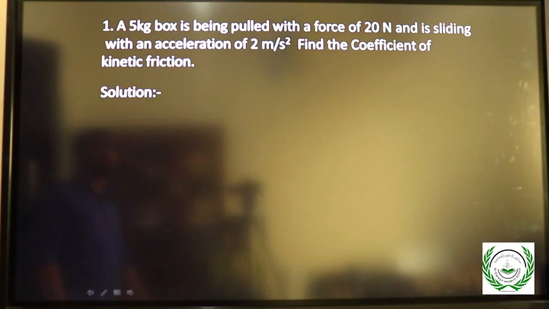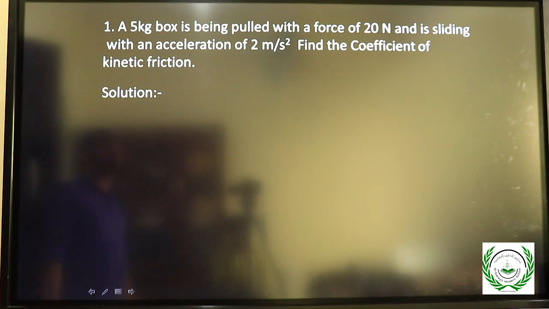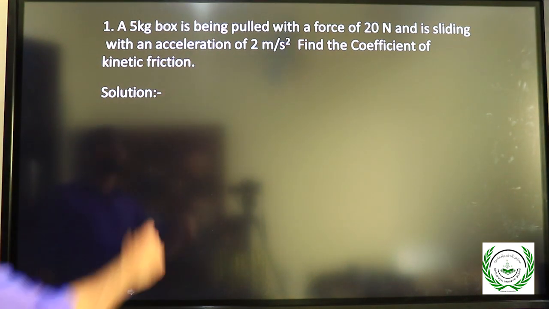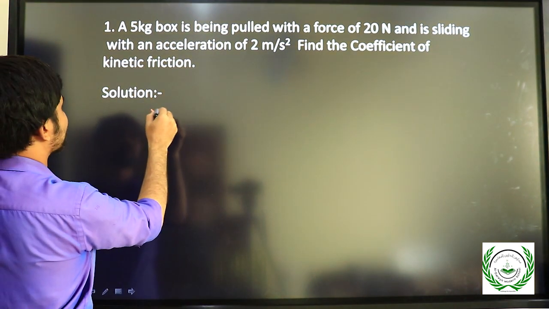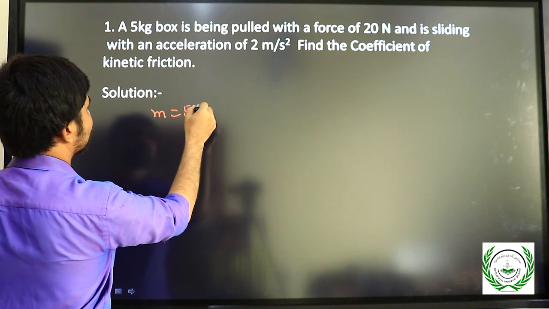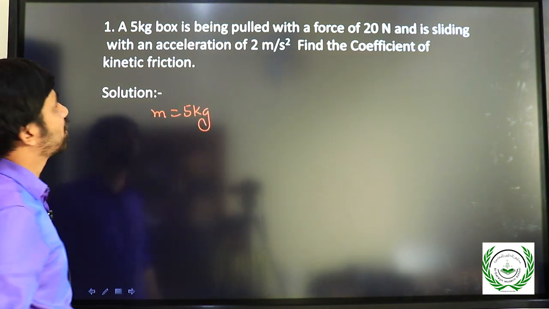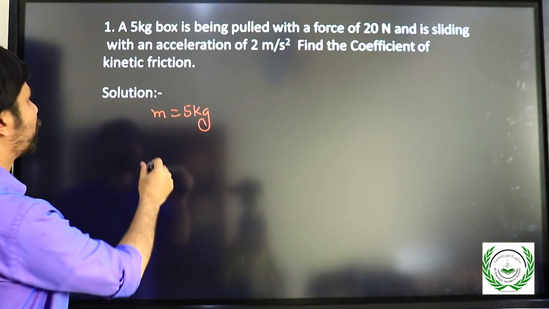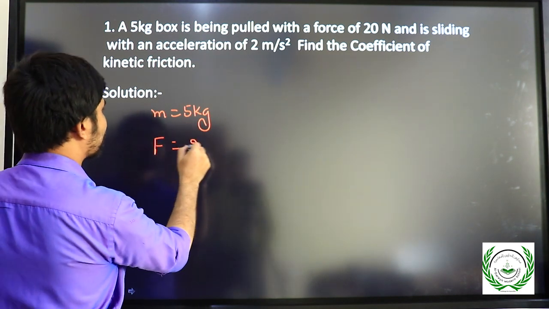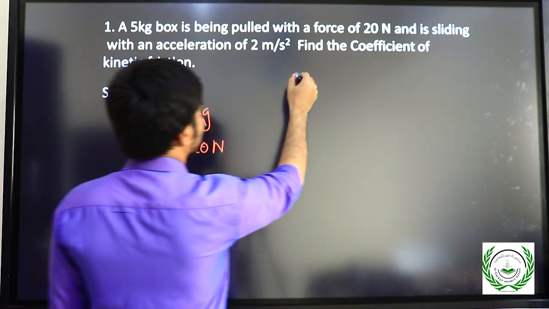Let's have one problem over here. A 5 kg box, which means mass, is being pulled with a force of 20 newtons.